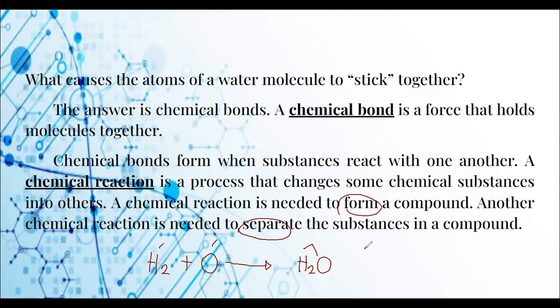Another example, let us have NaCl or sodium chloride. So, ibig sabihin, sodium and chlorine, pagkasama sila, this is a compound. Now, NaCl or sodium chloride will undergo a chemical reaction para maghiwalay sila.